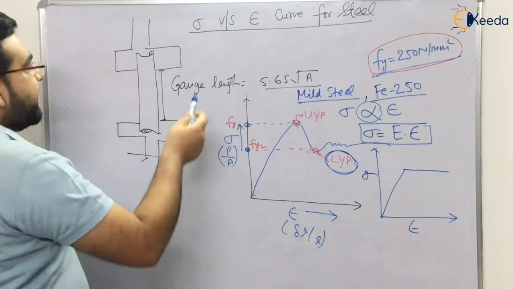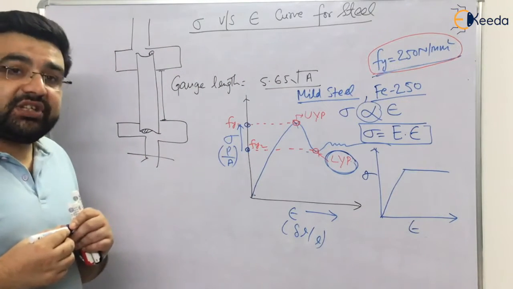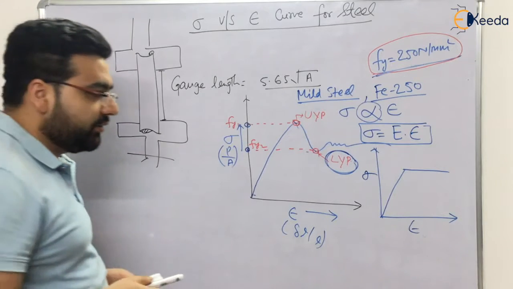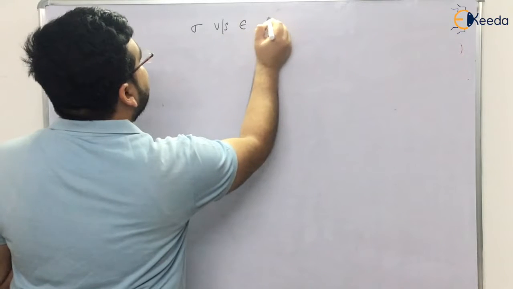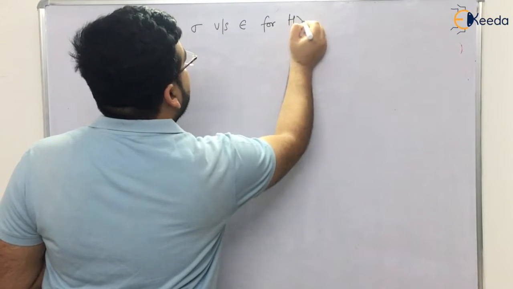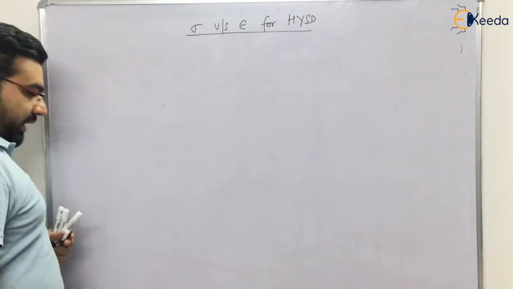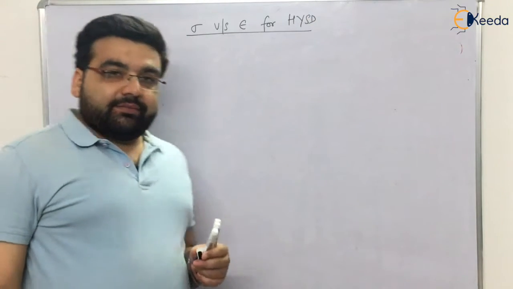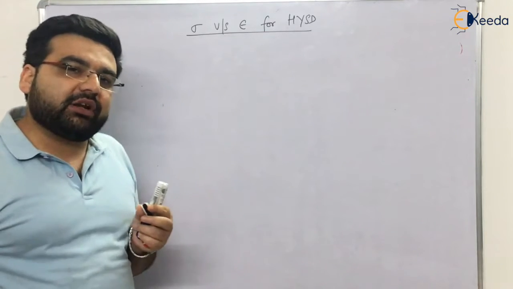Now second one, let me explain the stress strain curve for HYSD, that is high yield strength deformed bars. Okay, which is also important. Stress versus strain for HYSD. Okay. Now one more thing. The higher the strength, the more brittle is the failure. What is brittle failure?